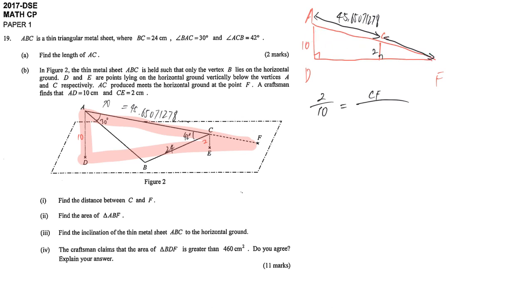That means A to F. So this is CF plus the extra 45.65071278, and then you just solve for CF. Or in short, this is 1 to 5, which means this section to this section is 1 to 4. You may simply use this value and divide by 4, and you also get the answer.